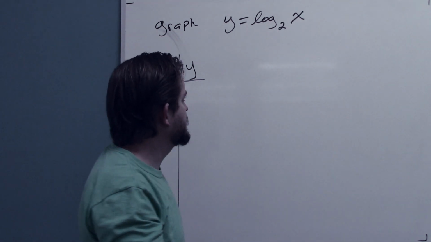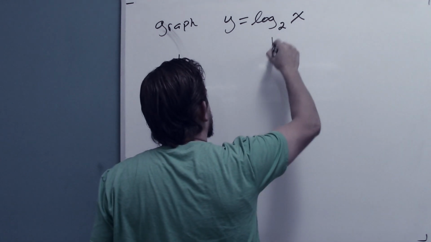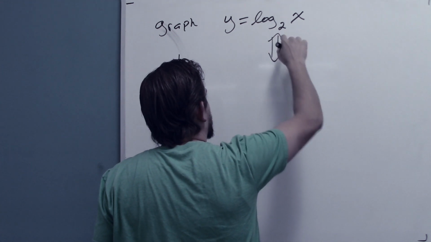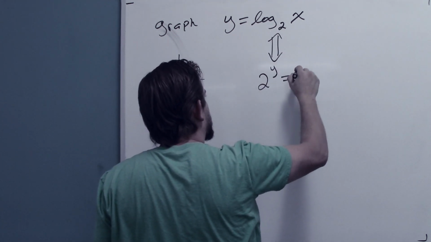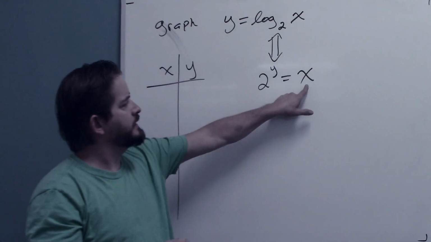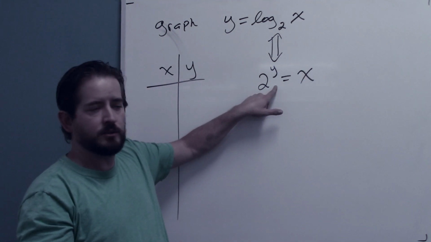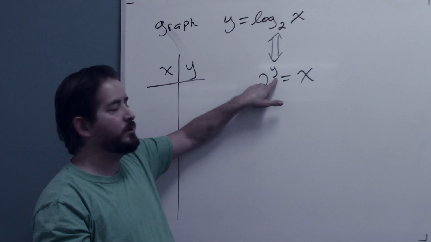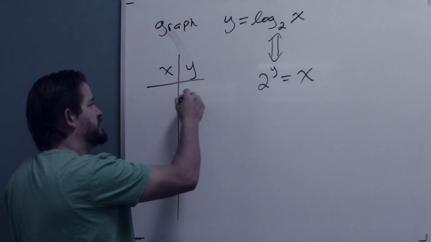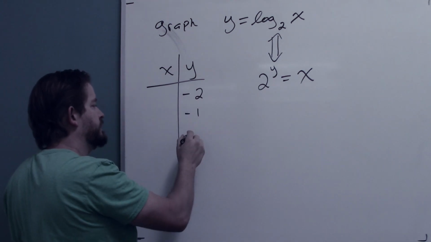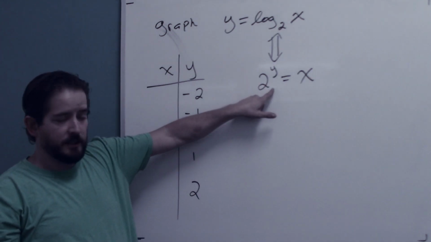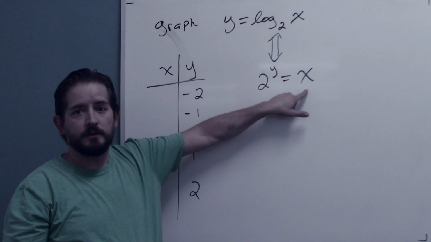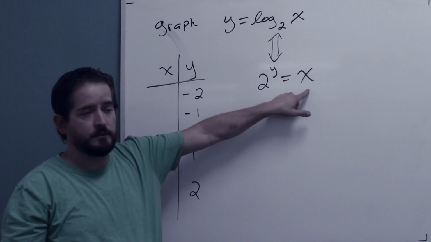So what I want to do is note that this is the same thing as 2 raised to the y equals x, and it looks like now x is a function of y. So I can exploit that and say, hey, I can plug in values of y, say -2, -1, 0, 1, and 2, into this exponential equation and figure out their x values, right?